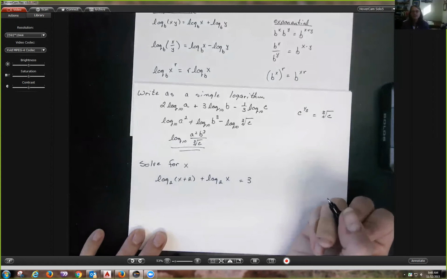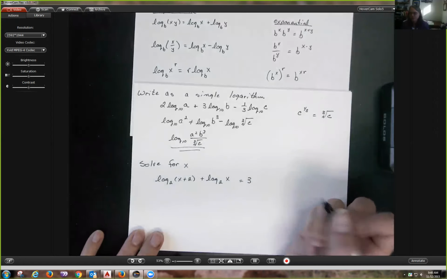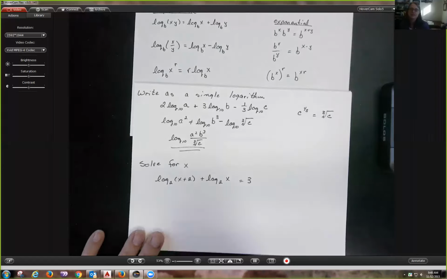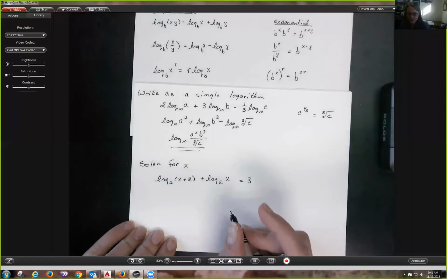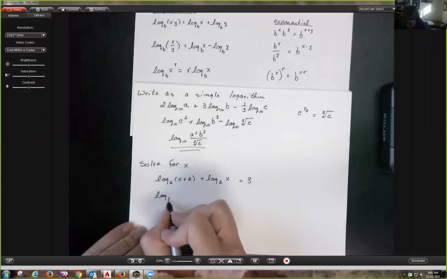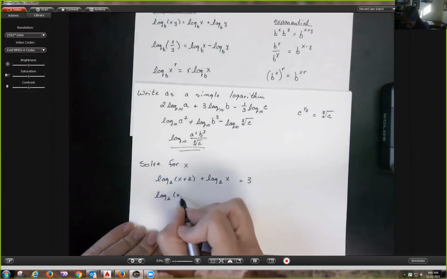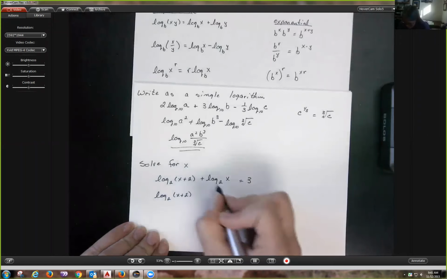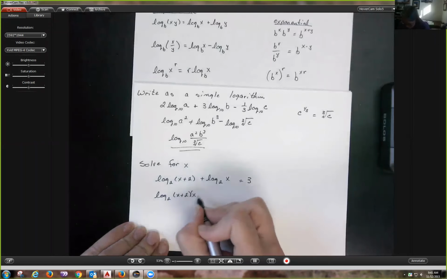Our x's are inside our logarithm. So what we really want to do is write this logarithm in exponential form. But before we can do that, we need to get this left-hand side to a single logarithmic expression. So let's just combine these two together. They're added, so we know it's a product.